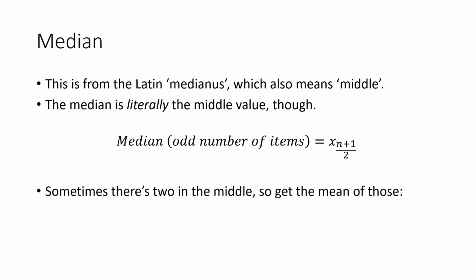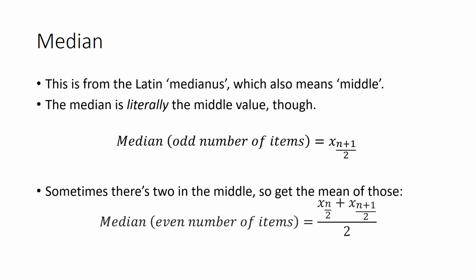But sometimes you get an even number of items, and then there's 2 things in the middle. And if you want to get the mean, I should say median, sorry, of these, then you take the one on the left of the middle, so the subscript is x of n over 2. And you take the one to the right of the middle, which is x of n plus 1 over 2. So let's say there's 4 people.